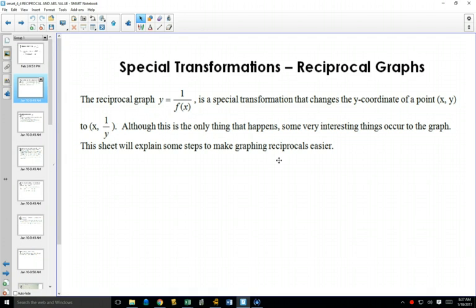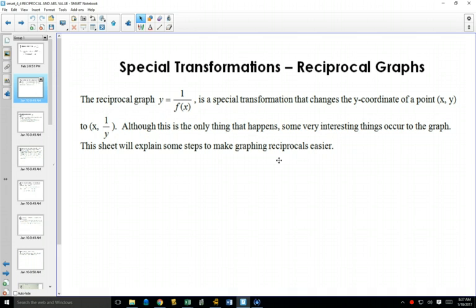Now, the basic idea is really simple. With all of our special transformations, like the square root of a graph, all that we needed to do was square root the y value. Same thing happens here. If we do 1 over our original graph, the only thing that's going to change is our y values are going to become 1 over y.